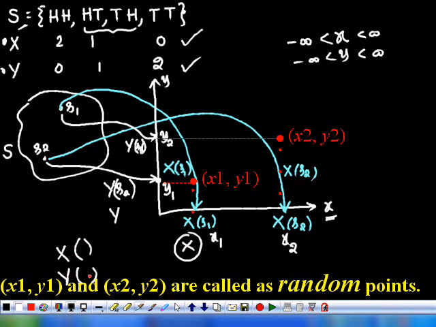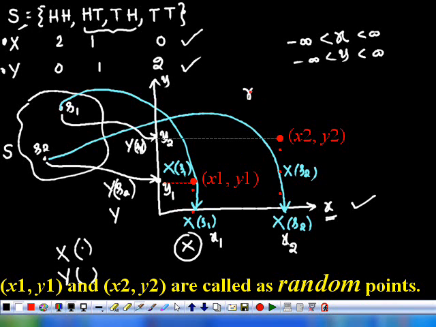We already defined the random variable as a function that maps the sample points onto the real axis. So I consider this the real axis and this also the real axis, and this is the mapping between the sample space and the real axis, or this particular xy plane.